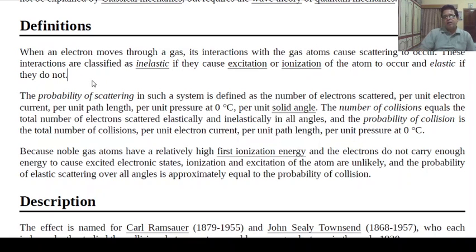So the problem is like this: the electrons are coming from the left to the gas atoms, and the gas atoms behave like a square well potential problem. And the electron transmission shows resonant scattering in the experiment.